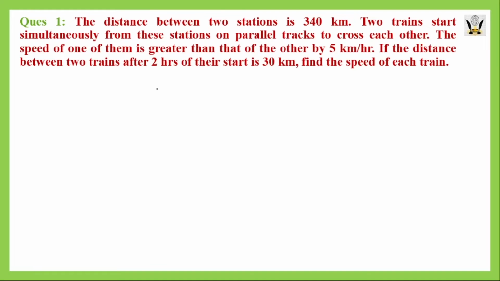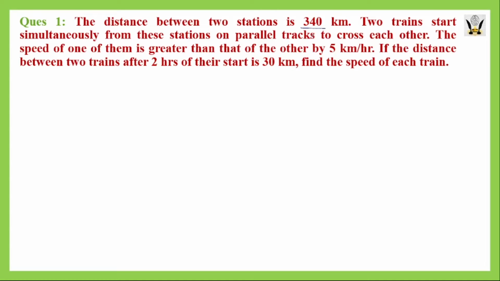The first problem sum says that the distance between two stations is 340 kilometer. That means we have two stations. Two trains start simultaneously from these stations on parallel tracks to cross each other.